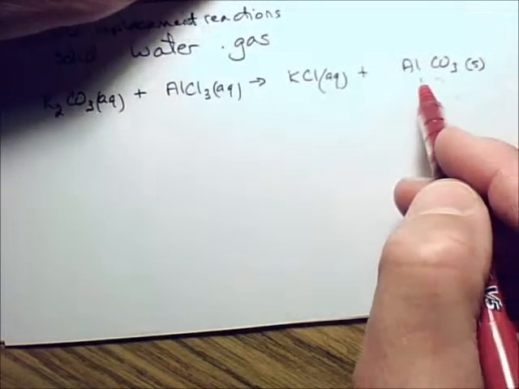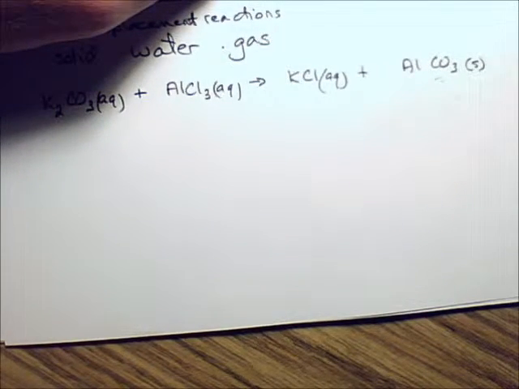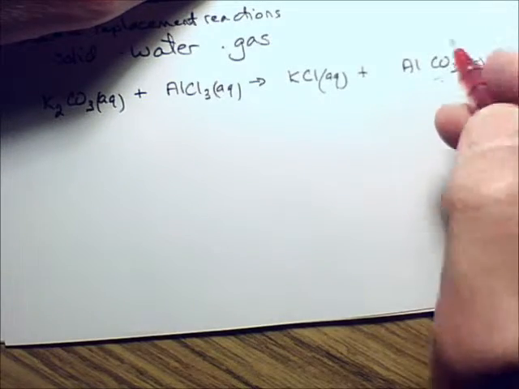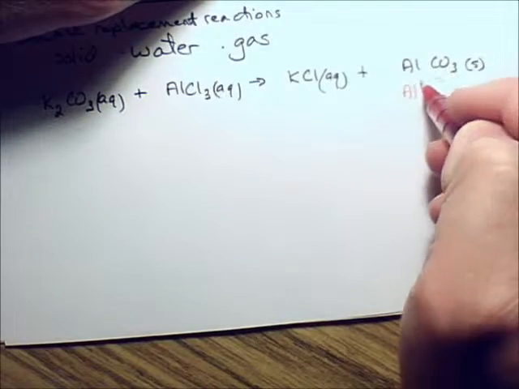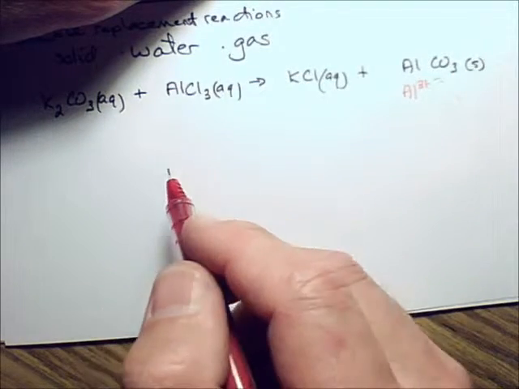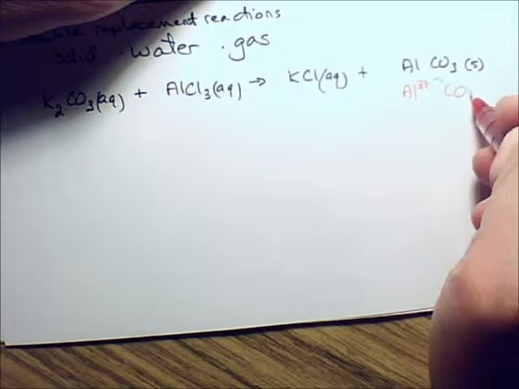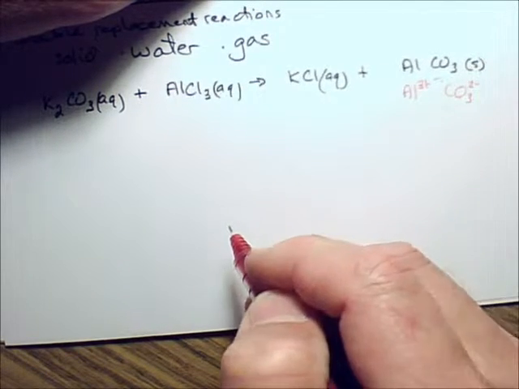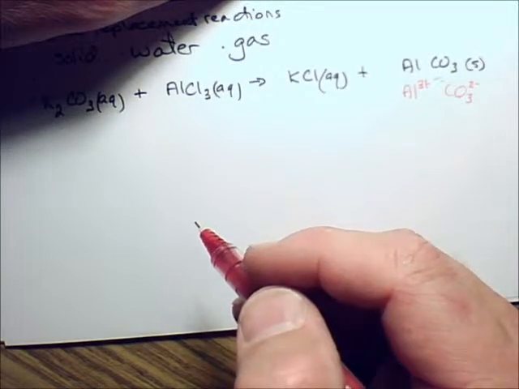Okay. So what charge do we put on aluminum? 3 plus. Where did you find that? What charge do we put on carbonate? 2 negative. Where did you find that? It's a common ions list, or polyatomic list if you want to call it that.